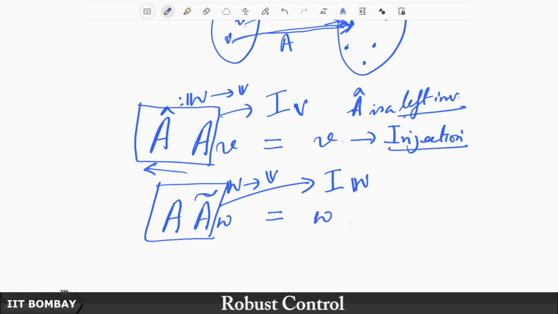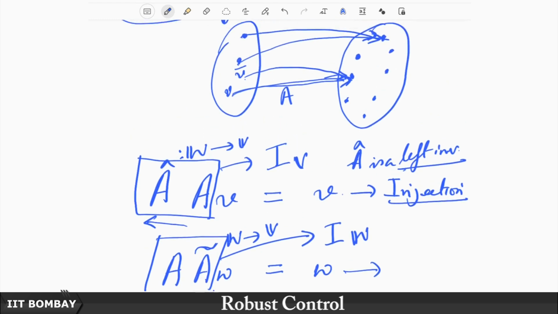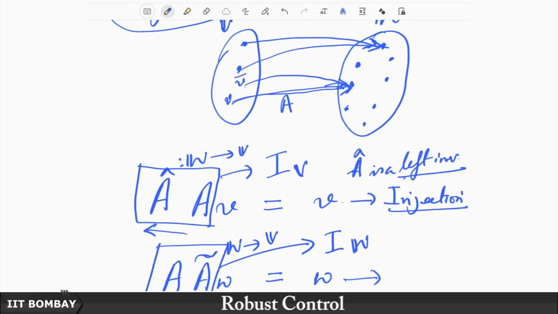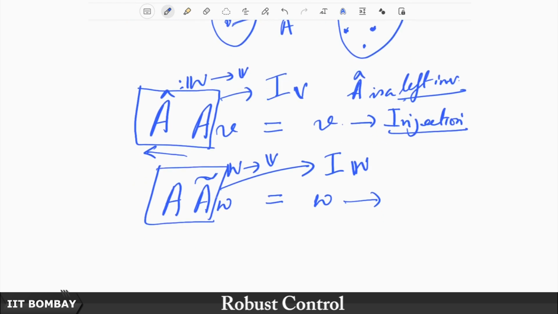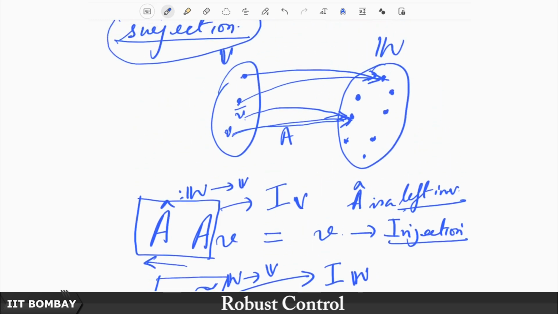So, then it stands to reason that this must have something to do with surjection, as you might have guessed. How so? Now, think of it here, right. What is the first thing you are doing here? You are picking out a fellow here, and then you are getting it to be acted upon by this map called A tilde. What if you have surjection?